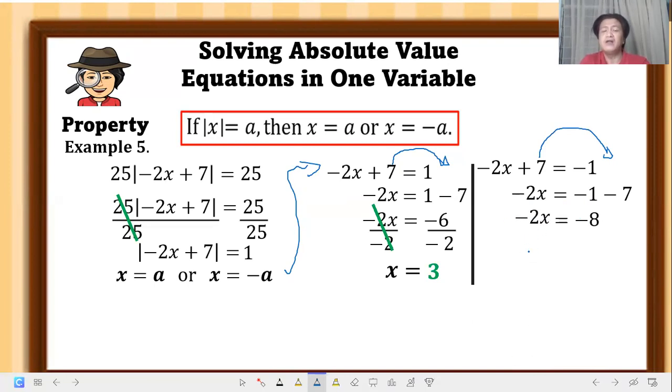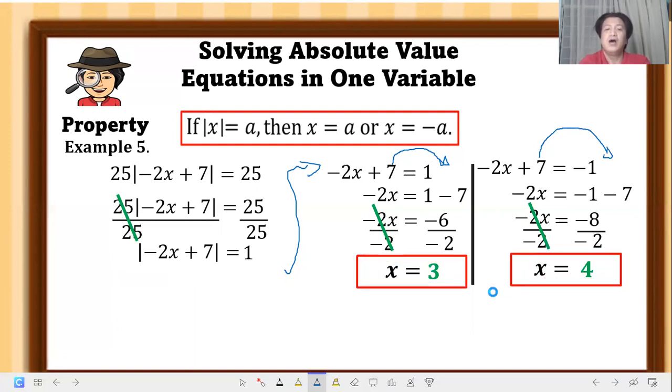Therefore, to remove the numerical coefficient negative 2, divide both sides by negative 2 para makancel natin yung numerical coefficient. Therefore, when you divide, what is the value of x now? That is negative 8 divided by negative 2 is positive 4. Therefore, we have two solutions. 3 tsaka 4.